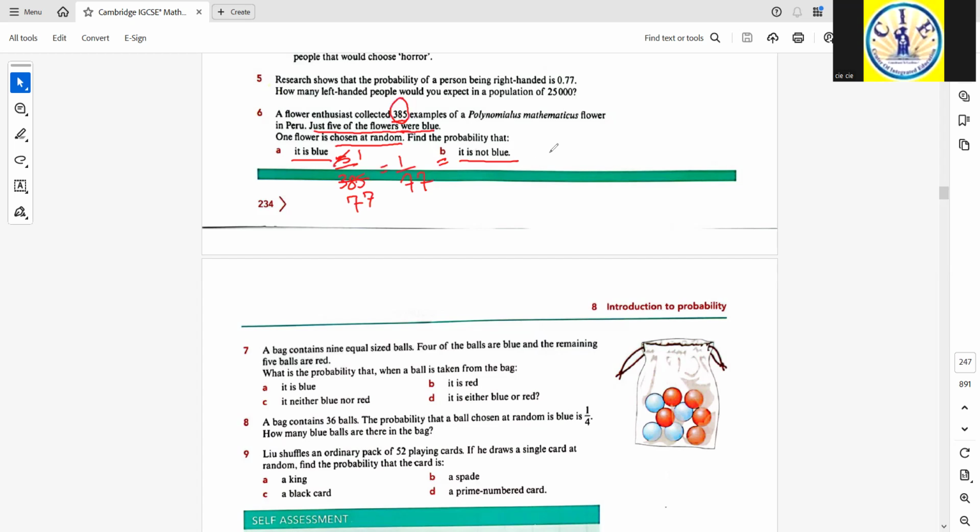Using that rule once again, probability of not blue is actually 1 minus probability of blue. That means 1 minus 1 by 77. So that would be 76 divided by 77. Okay.